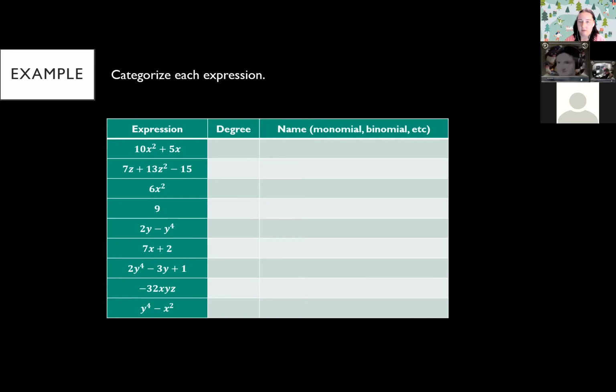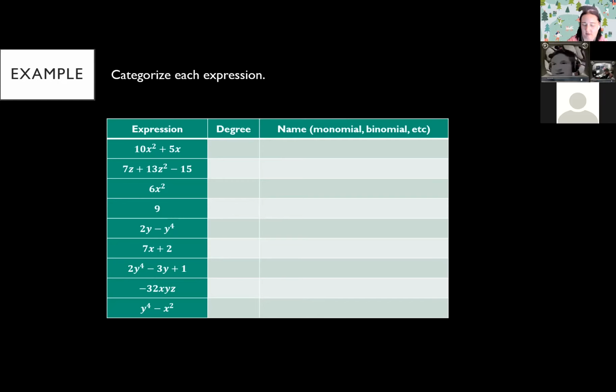So this first one, we've got 10x squared plus 5x. You've now seen 2 examples of finding the degree of a polynomial, and this is a 1 variable one, so it's pretty simple. So what is the degree for our first example? 2.